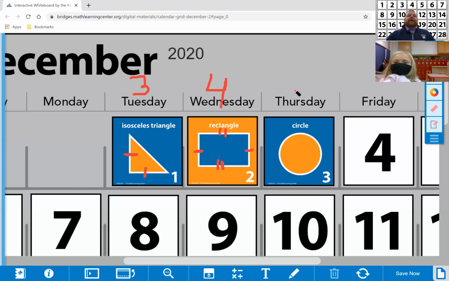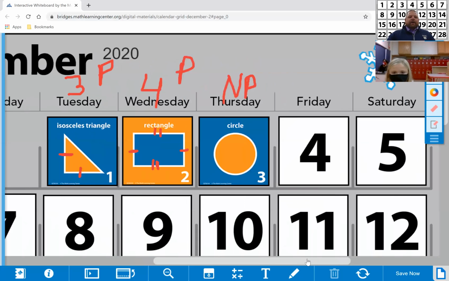No. So guess what? This is a polygon because it has straight lines that are closed. This is not a polygon. Do you know why? Because it has straight lines and circles don't. Right. It doesn't have any straight lines and it doesn't have any corners. Good job, Zara. All right, let's move on.